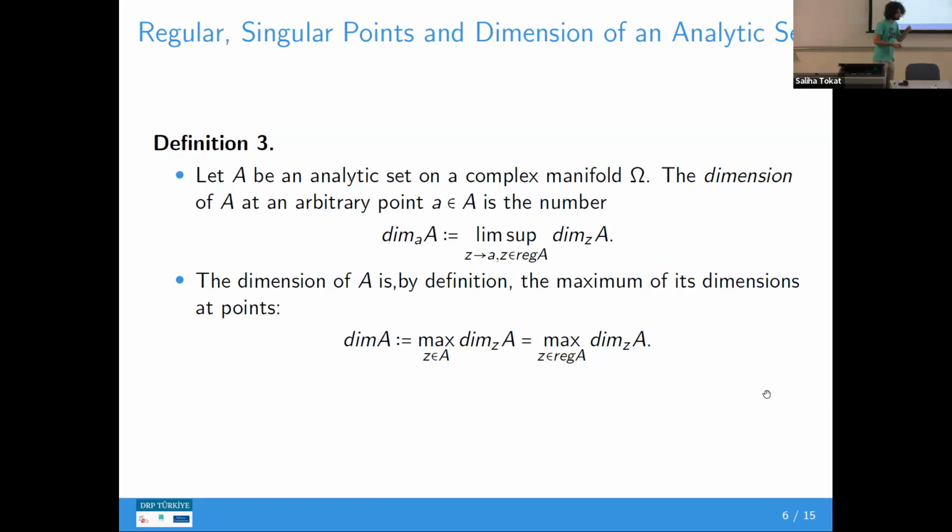By this, I mean the sequence of dimensions of the points around a. We are taking the supremum of the dimensions, I mean the lim sup of the dimensions around a, and we define dim_a A as the lim sup of dimension. Actually, I can explain on an example.